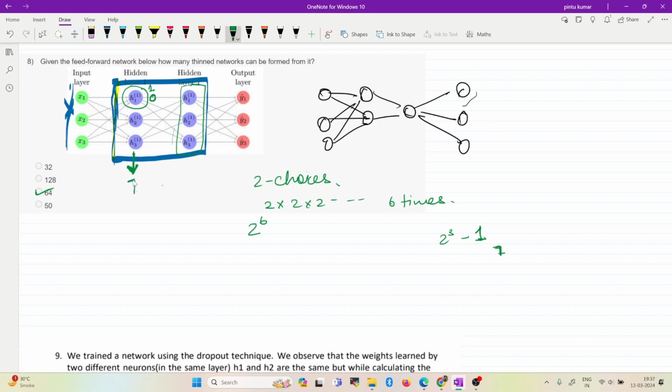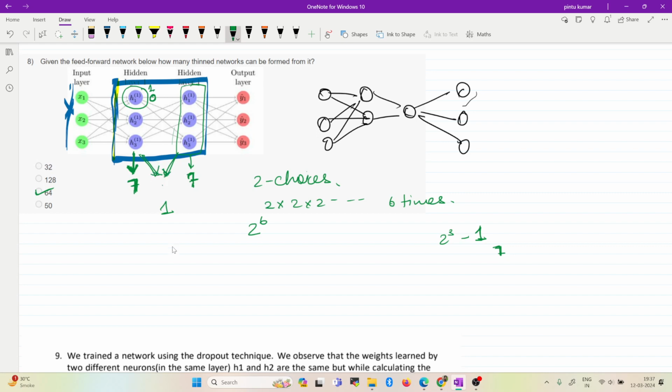So 7 such choices from here. And similarly, when all the nodes here are removed, then also we'll have 7 such cases. And we will have one case where both the layers are removed.